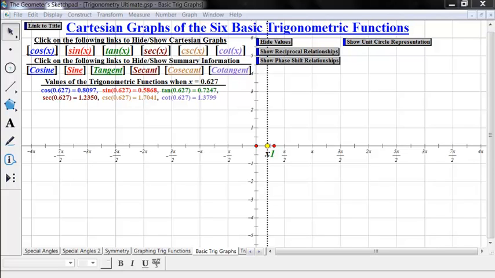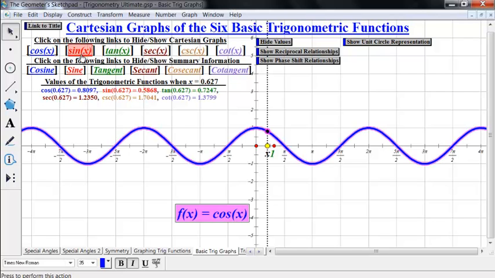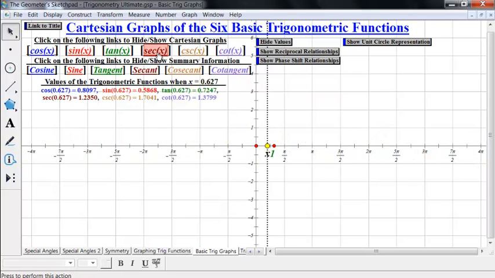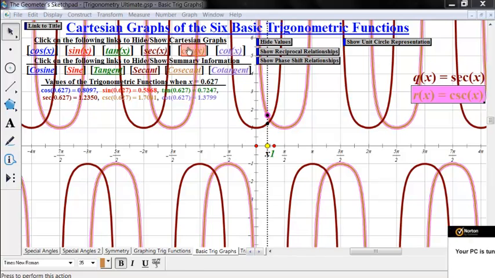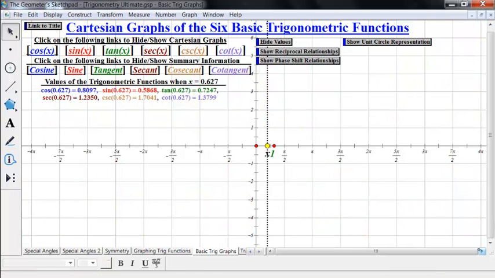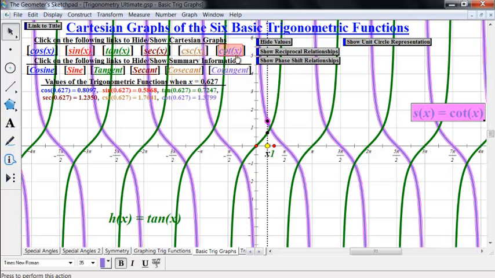Okay, our final video we're going to look at is the video for the properties of the cotangent function. And you notice that sine and cosine are just horizontal shifts of each other, and secant and cosecant are just horizontal shifts of each other. So you might think that this is true of tangent and cotangent, but that is not the case.